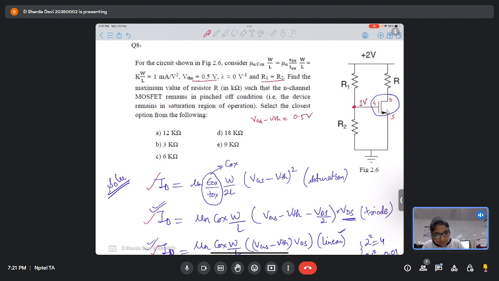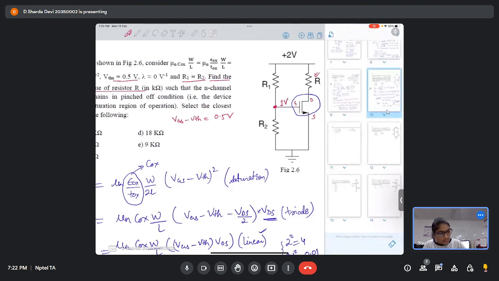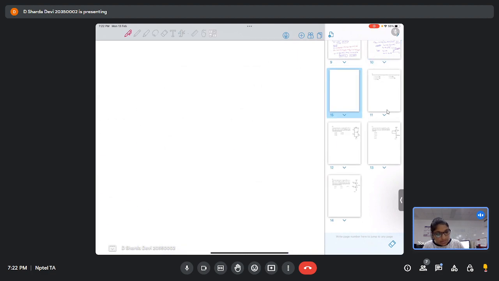So what we have to find is the maximum value of resistance R. This R is unknown.